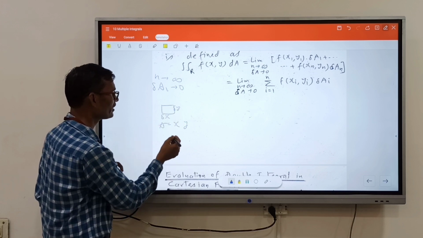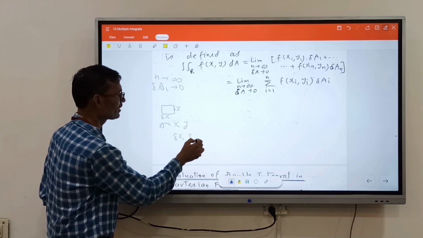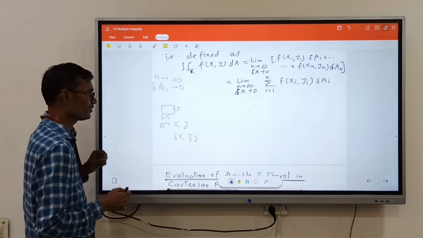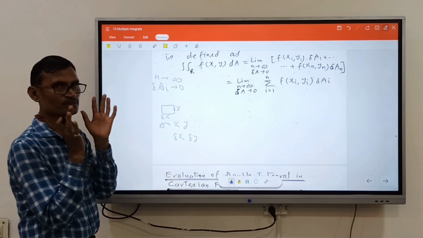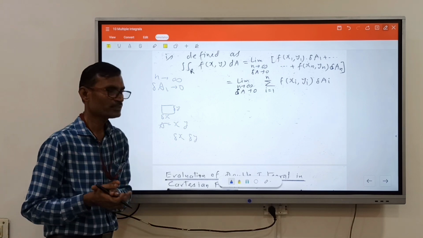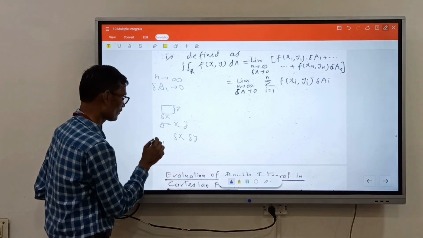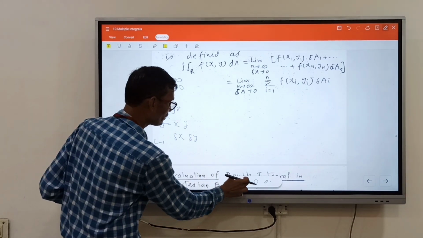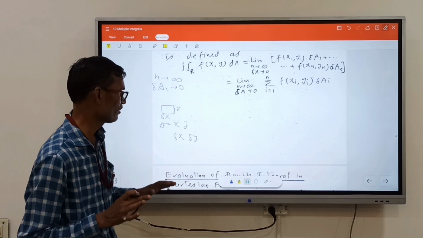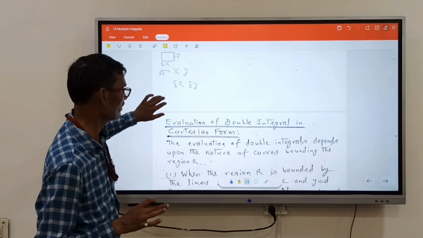Now the area will become delta x into delta y, very small. So in the limiting form, since the area is very small, delta x is tending to 0 and delta y is also tending to 0. So this was the concept of double integral.